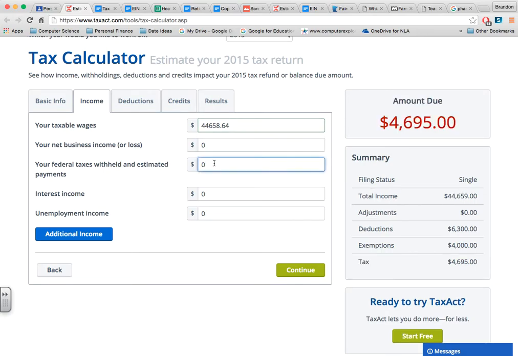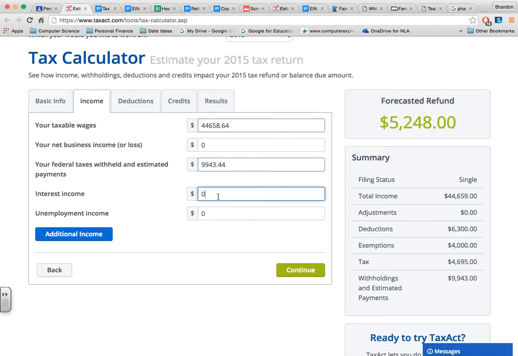Your federal taxes withheld and estimated payments. So this is your federal taxes, and that amount would end up being $9,943.44. Interest income. This would be any interest that is gained from your investments. Since we did not claim any of that, it's 0. Unemployment, you're not unemployed, so that is also 0.